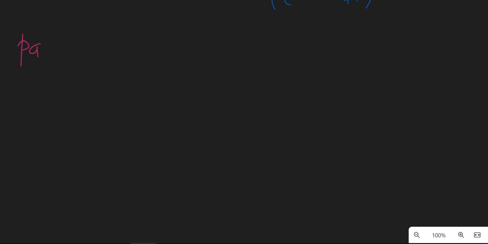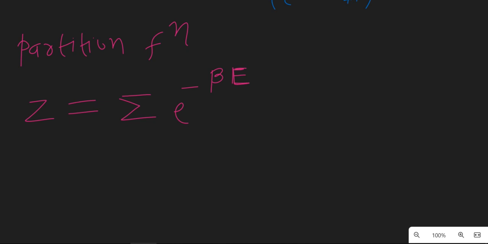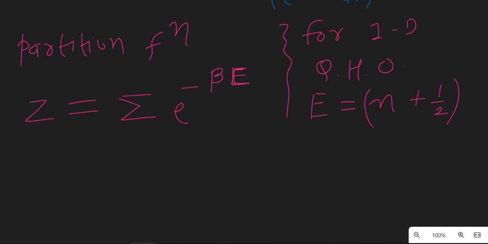The formula of the partition function Z can be given as the summation of e raised to minus beta E. And here your system is a one-dimensional quantum harmonic oscillator, so the energy will be (n + 1/2) h-cut omega.